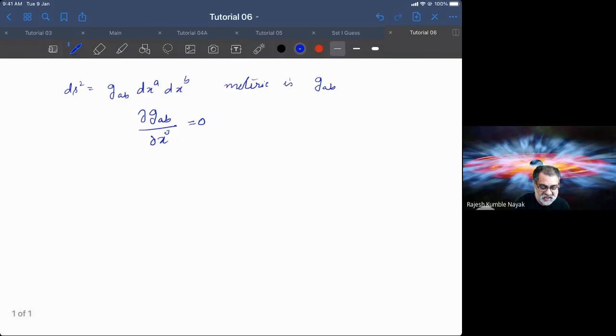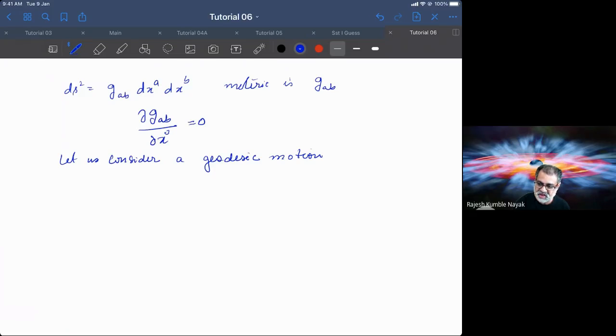Let's formally state this. Let us consider a geodesic. Geodesic motion, what does it mean?